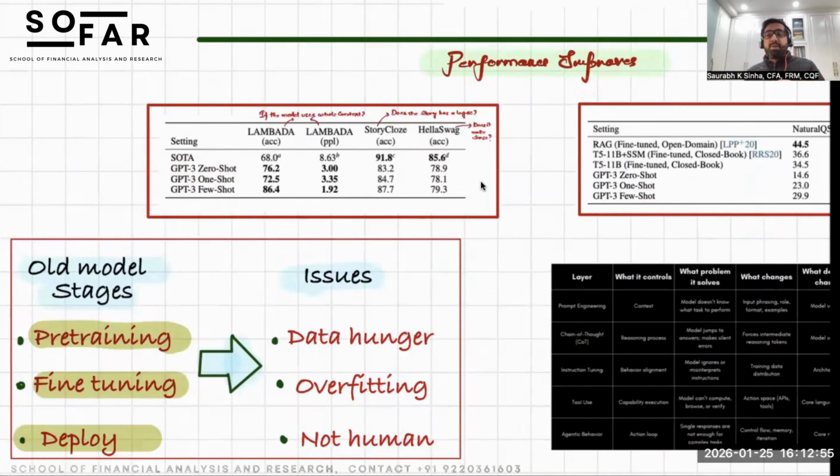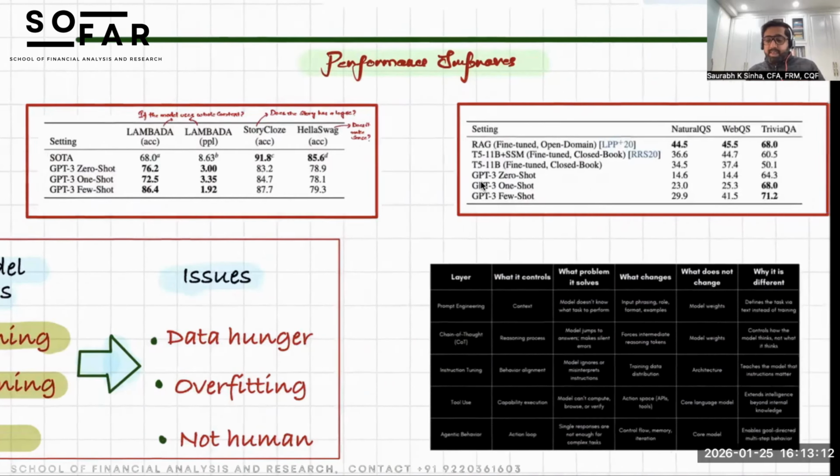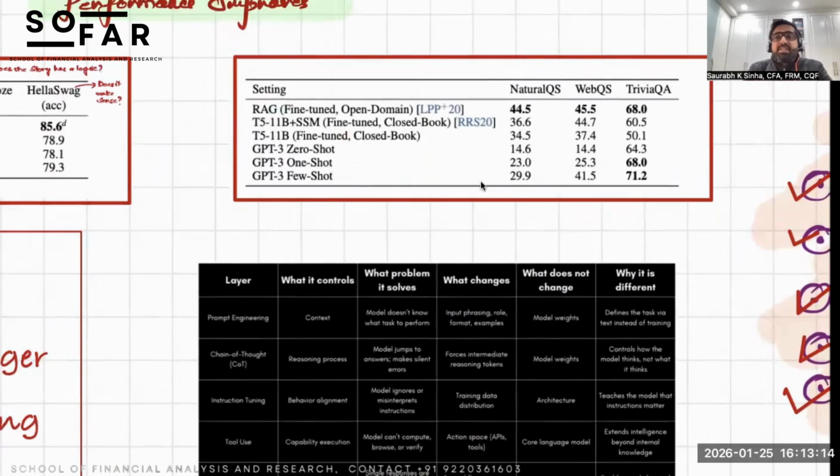And what this paper is saying is, you don't have to do fine-tuning, because even if your prompt provides sufficient examples along with the task instruction, the model will perform accurately. Then the model was tested on question answering. First, they were tested on Natural QS, which stands for natural questions, Web QS for web questions, and TriviaQA for trivia question answering.